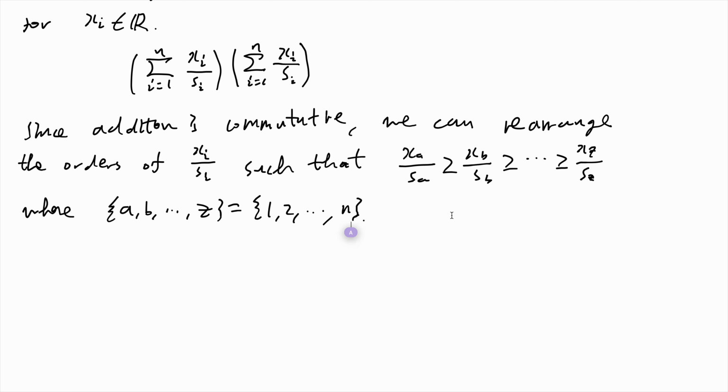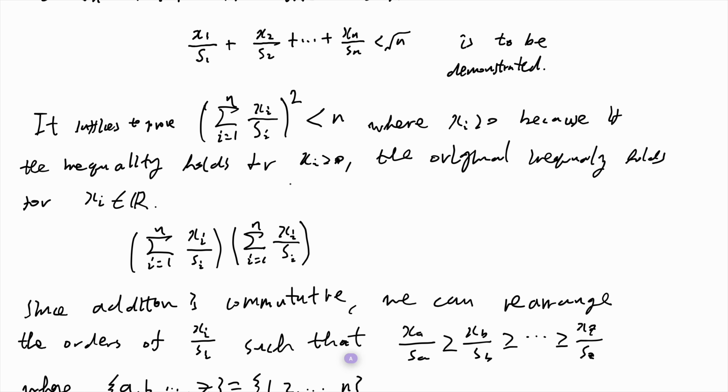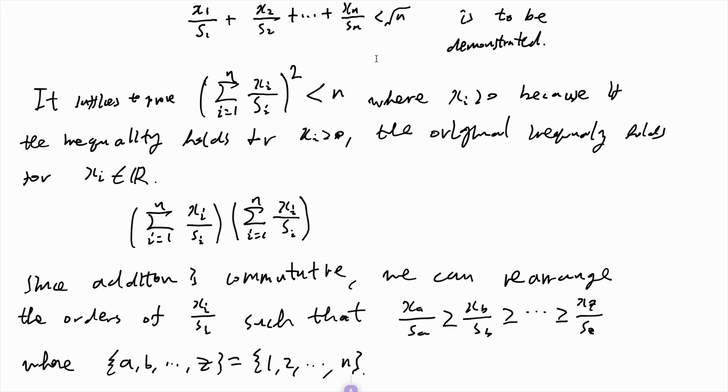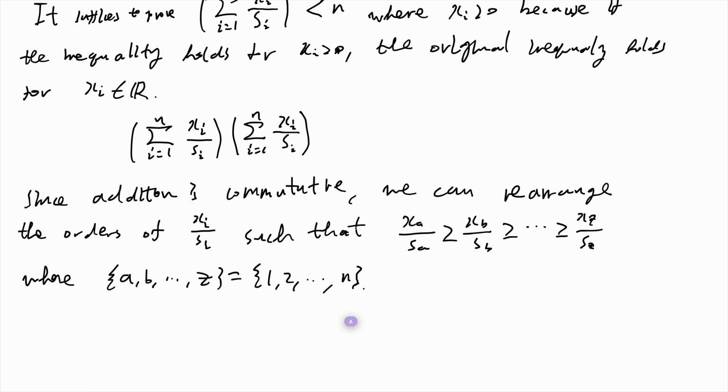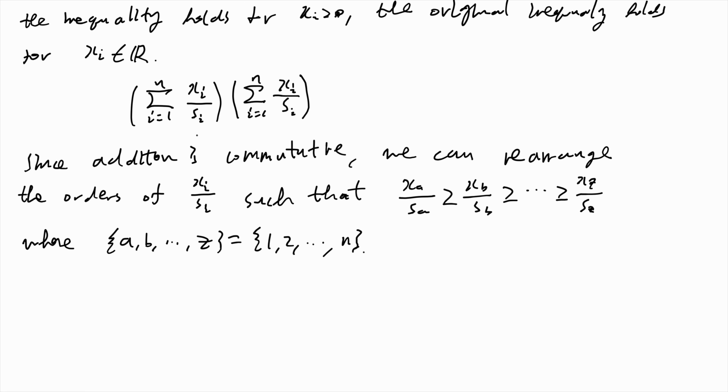After recognizing that we can rearrange it, I wanted to use the rearrangement inequality. But then I realized that using Chebyshev's inequality will actually lead to n here. And if you watch my previous video, you'll remember that Chebyshev's inequality is just a direct consequence of the rearrangement inequality.